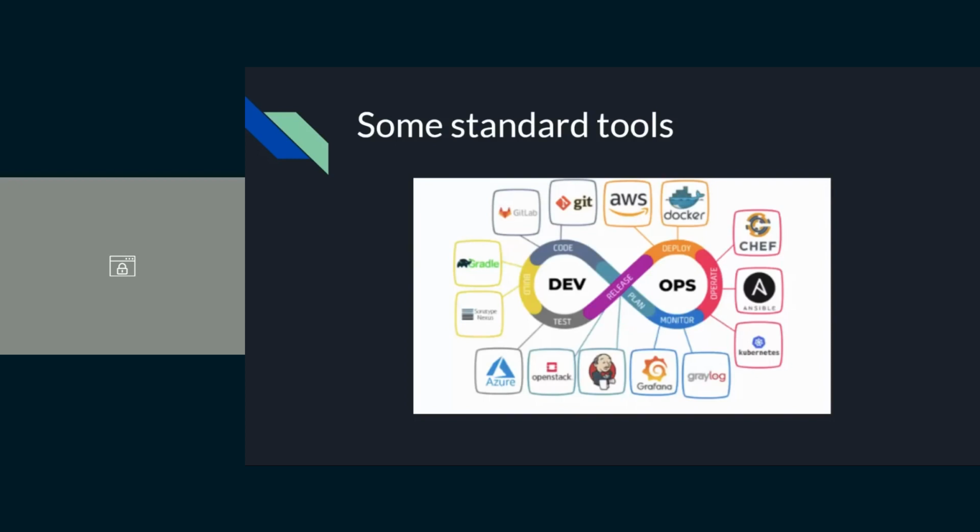Then when it comes to operations, Chef, Ansible, Kubernetes again, like I said, is meant for management of containerized applications. What containerization is, is something we'll come back to. Monitoring is done using Grafana or Graylog. What monitoring is, apart from the feedback that you receive from actual users, is finding out how your application is performing.